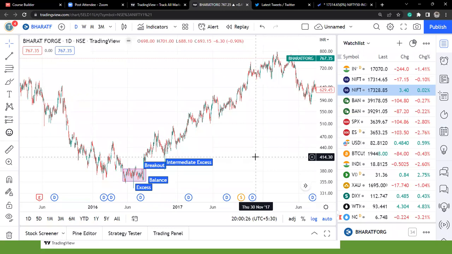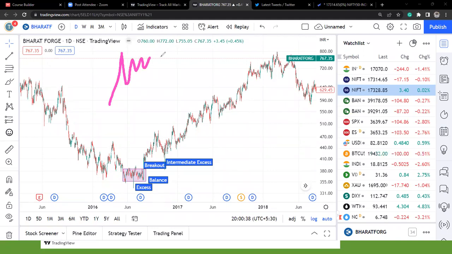Whenever I'm having an excess, what we need is a follow through. If the follow through is not strong, and price is getting back to trade in this excess range for a longer period, I'm talking about a longer period, it has more odds of failing. Means it can fail.